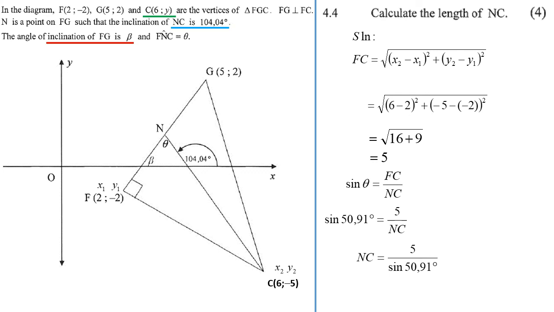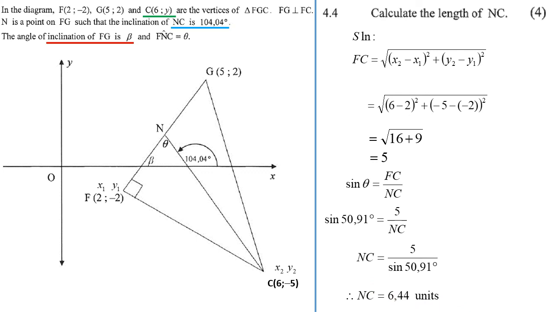You play your maths there, use your calculator. Just punch it raw as it is: 5 divided by sine 50,91 degrees. Then it means NC is equals to 6,44 units.